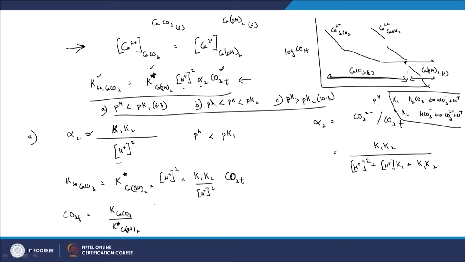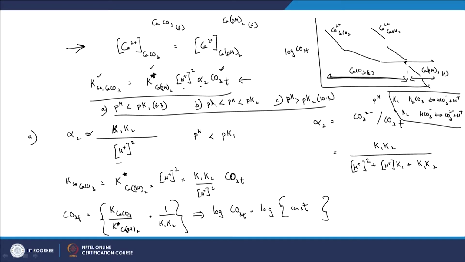So I am still going to have 1 by K1 K2. So what does that more or less turn out to be? If I take log, log CO3 total would be equal to log of this particular set of variables, and as you see this is a constant.